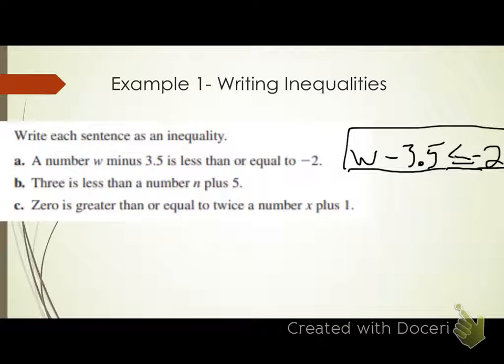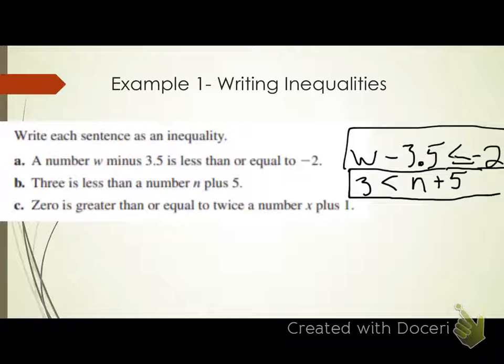Now let's look at letter B. 3 is less than a number n plus 5. So once again, I'm going to write it as I read it. 3 is less than a number n plus 5.